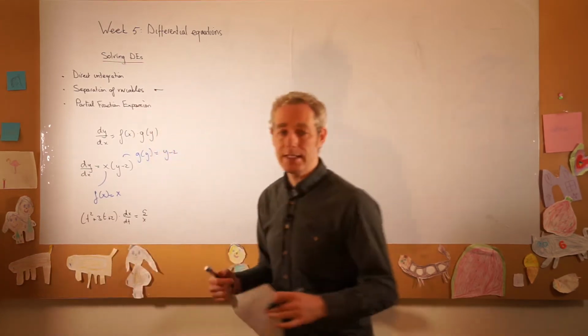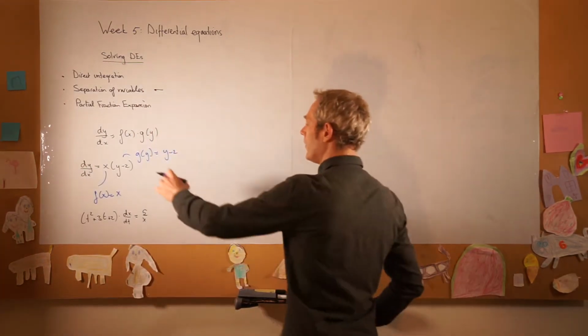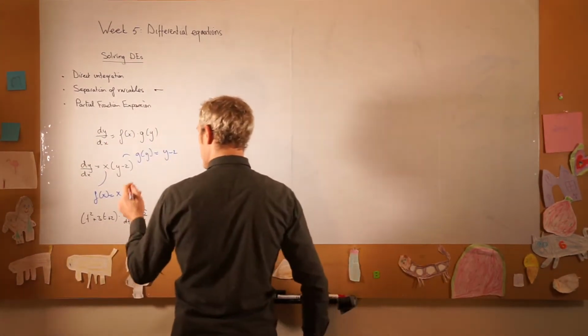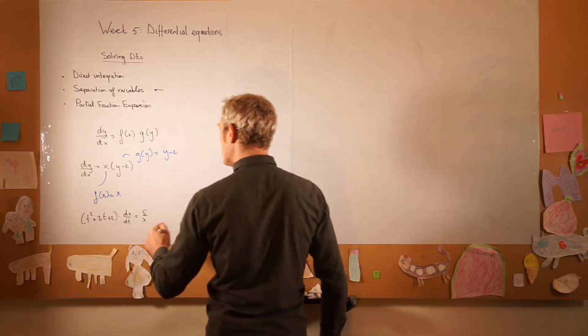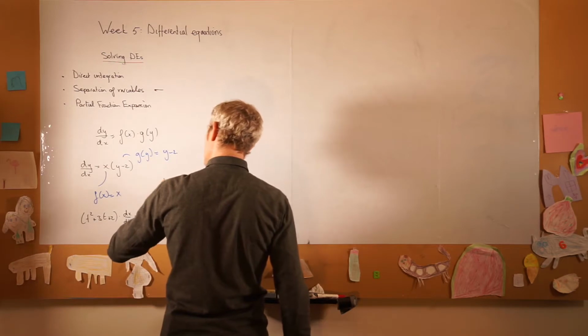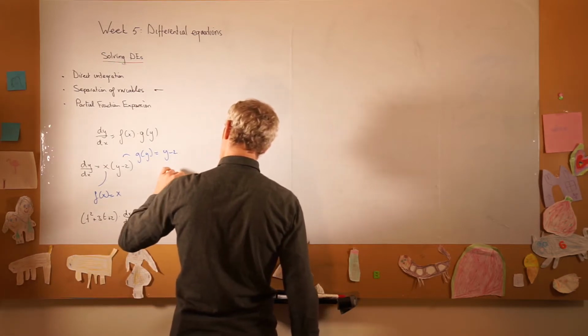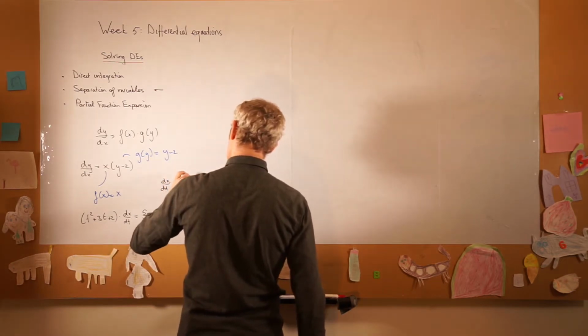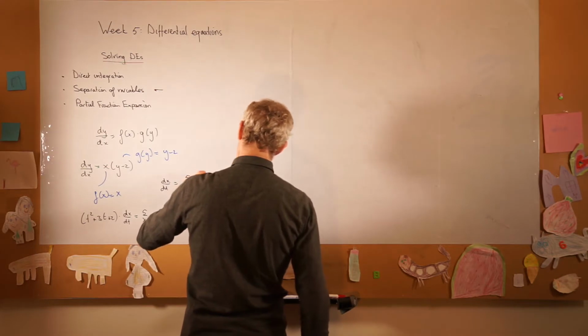Now it's not immediately obvious that this is of this form, but if we divide left and right by this term, we find that we have dx/dt is 5 over x times 1 over t squared plus 3t plus 2.